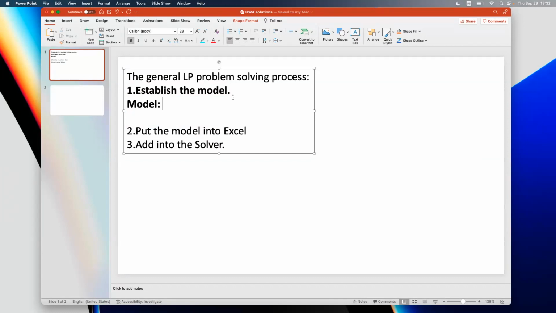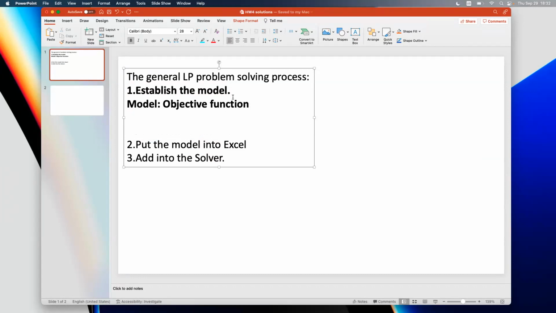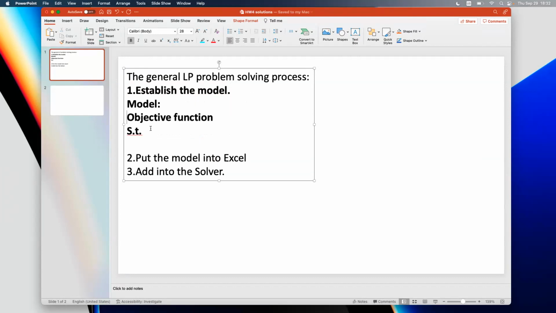The first one we call the objective function. And the second part we call constraints, or WST, the subject to. So those are the two parts.